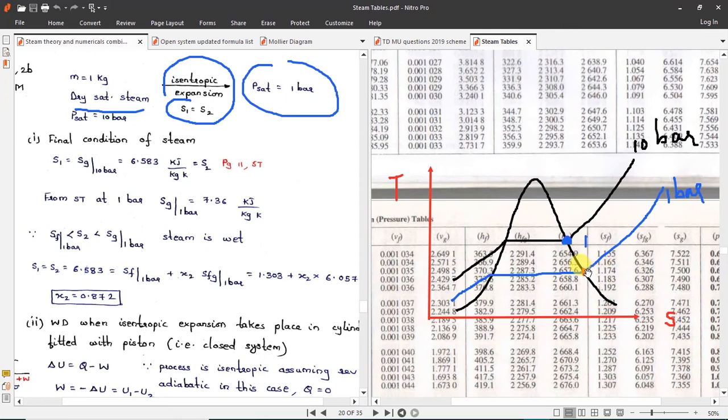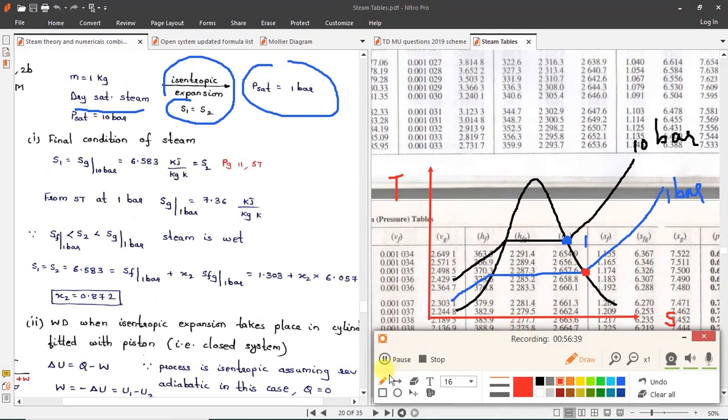Now our process is an isentropic process. Let me show you this again on the diagram. Our process will be like this, and this will be point number 2 in between over here.